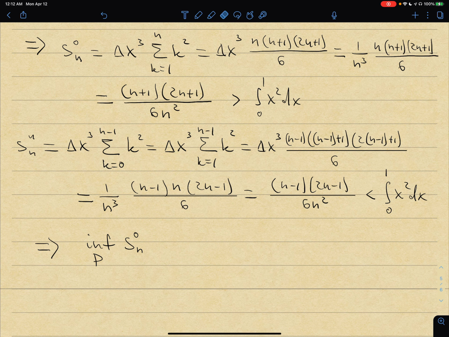In fact, I'm going to use a different letter here. Let's say t. I have t intervals, so it may have equal length, it may have unequal length. What can I say about that infimum?